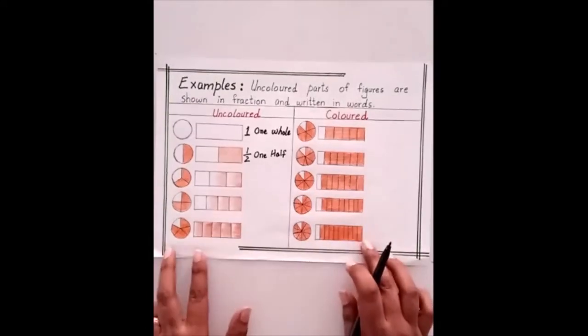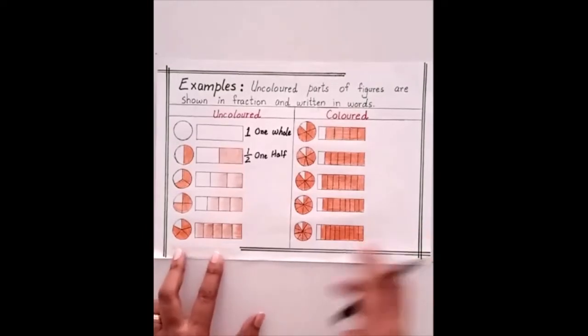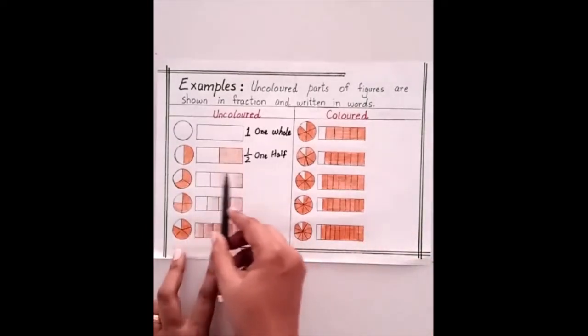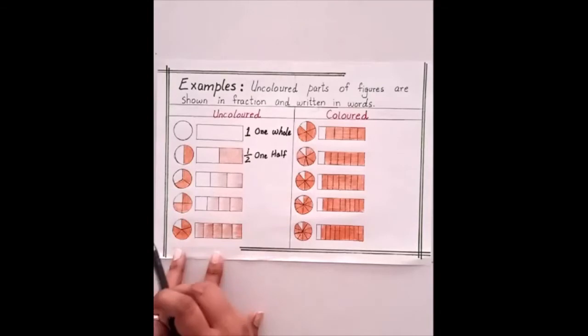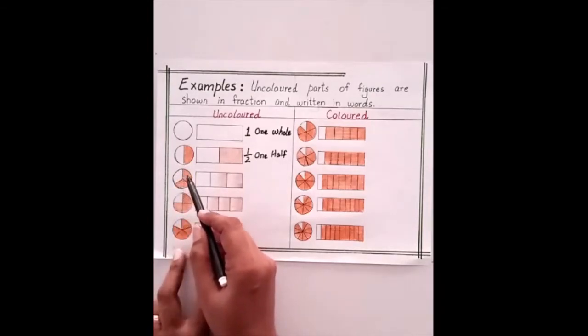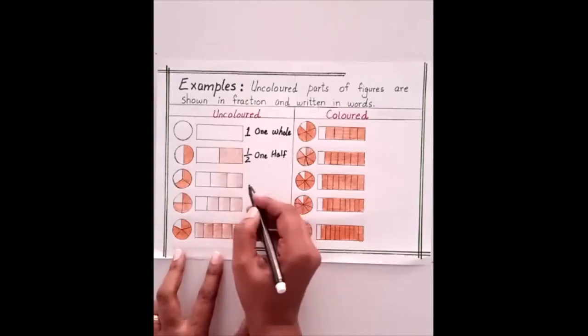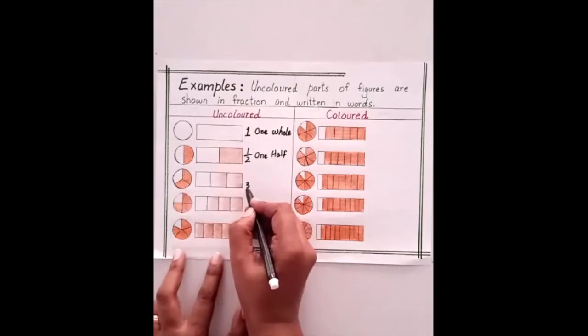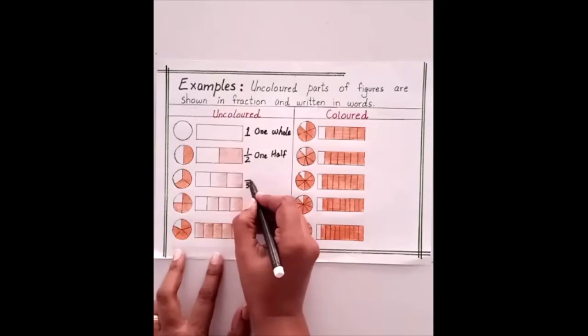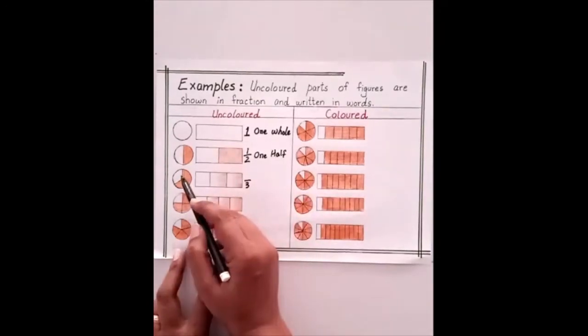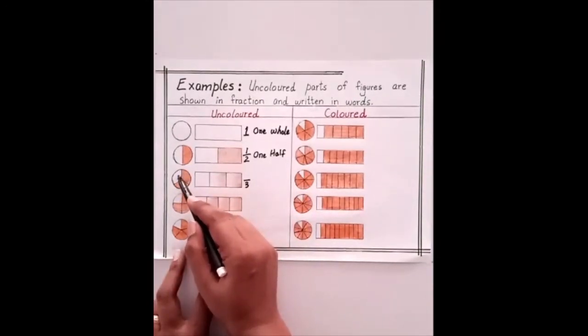Next, this whole is divided into 3 portions. How many portions are there? 1, 2, 3. We will write 3 as a denominator. And the uncolored part is 1.